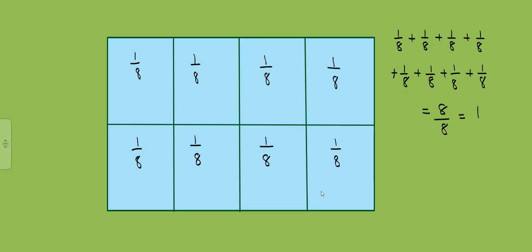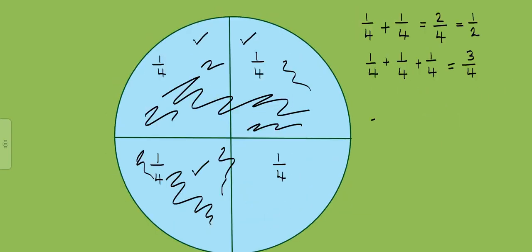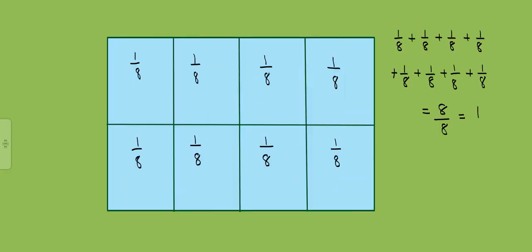Okay, so that's good. Now, what these have all got in common is we are looking at fractions that are the same. So we've been looking at quarters, halves, and eighths, and we were adding fractions that were all similar.